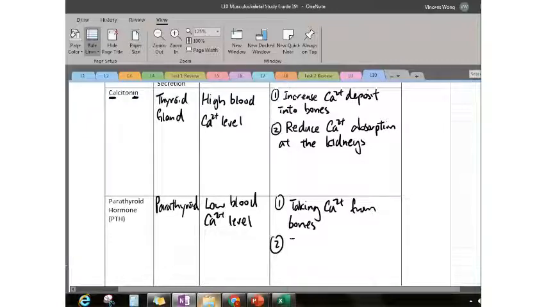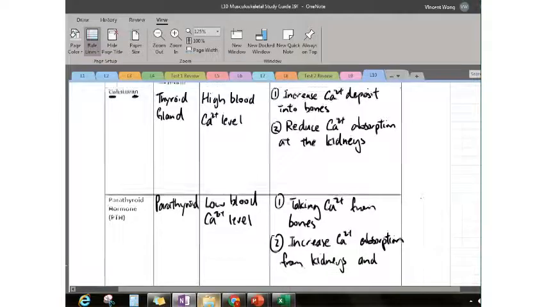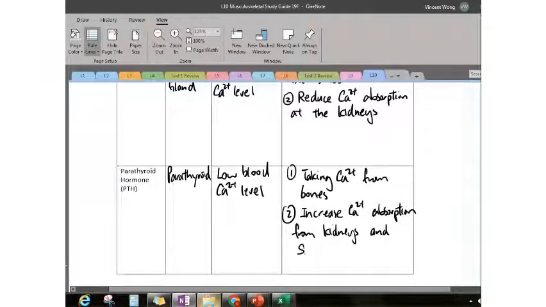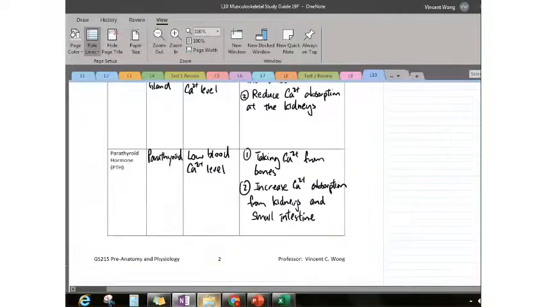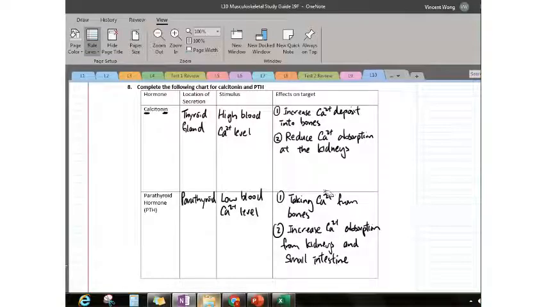Number two, it will increase calcium absorption from kidneys and also from the small intestine. Okay, so you can see the effects are opposite.